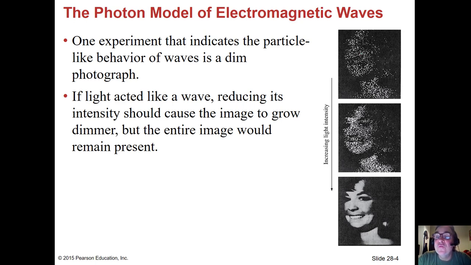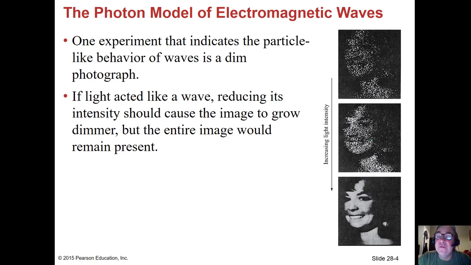You would think that the one up here would just be dimmer if the intensity was not as much. But really, when the intensity is not as much, you get the splotchy picture where things are missing. So it's not just dimmer, there are actual parts where the photons are not hitting. And then down here, with the increasing intensity, you have a full picture.